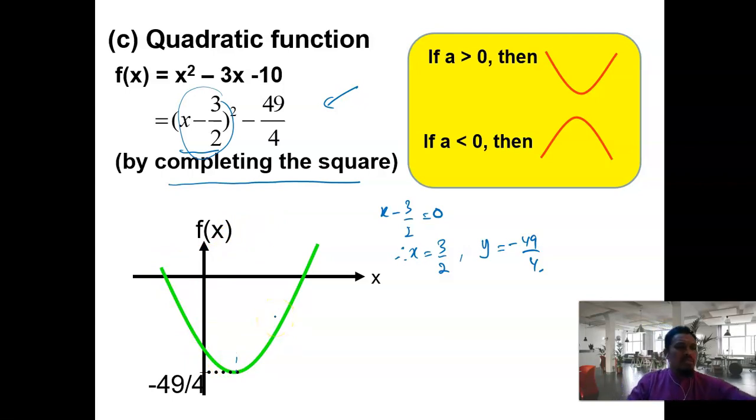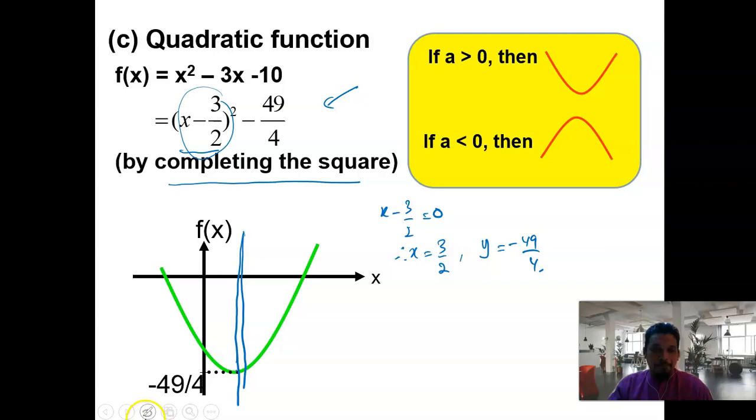Do you still remember what symmetry is? Symmetry is the middle line of the graph. So this is the graph and this is the middle line of the graph.